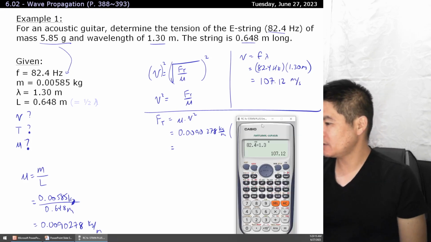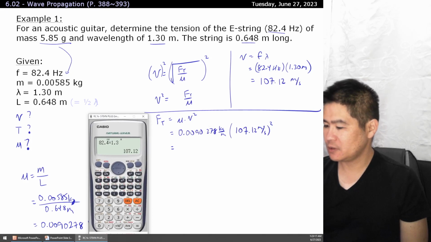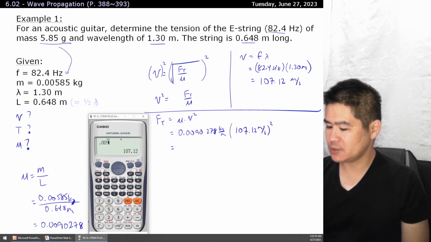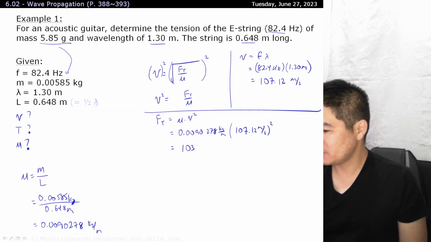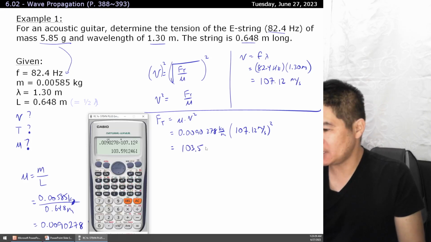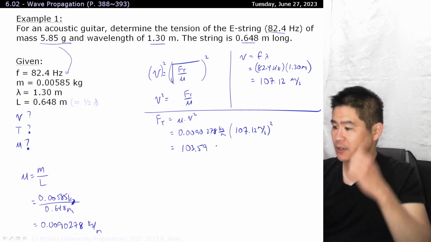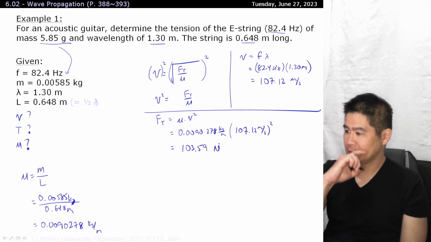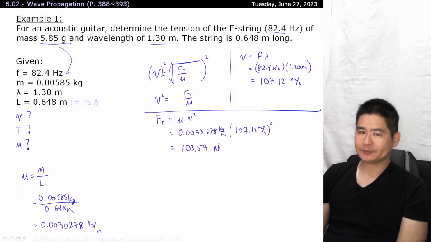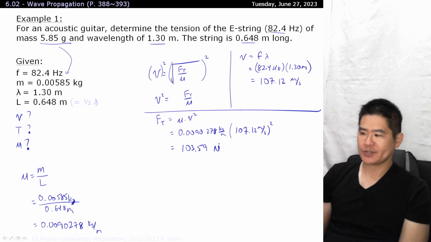Pull out our calculator again. 0.0090278 times 107.12 squared gives us 103.59. And this does actually work out to a measurement in newtons. I guess you have to go back to forces to figure out how the units work out, but it does work out to newtons.